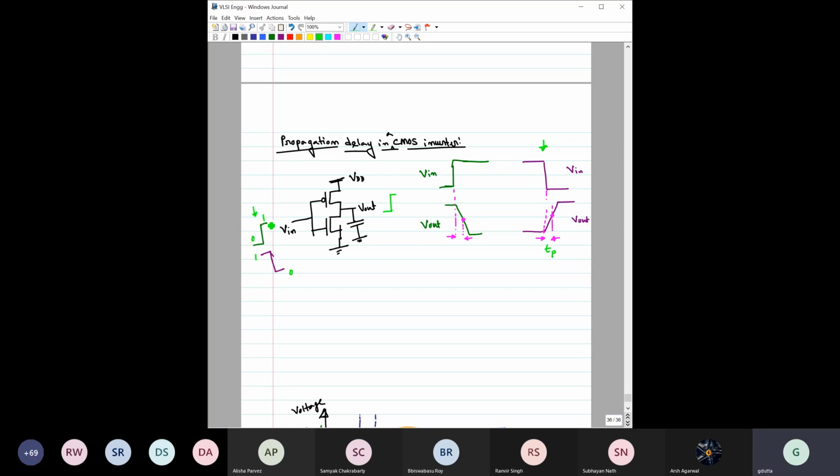Similarly, if you consider the other one, the green one, for this input the output would be like this. I should have used this color here and that color there. So here you have one more delay. This particular delay, when the output is changing from high to low, is called propagation delay TPHL, TP high to low, and this is called TPLH, TP low to high.